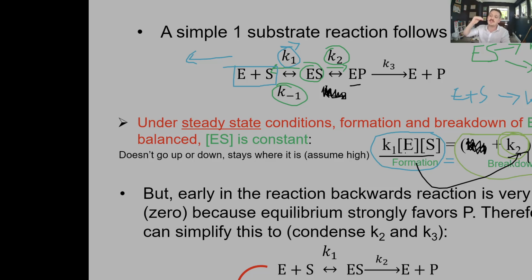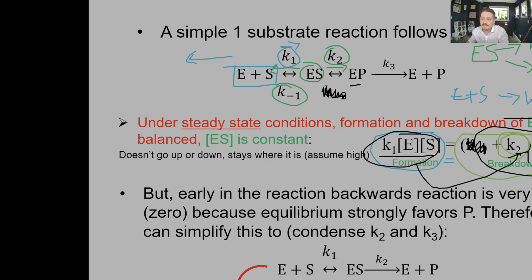It doesn't go up or down, because as soon as it goes down in either direction, probably towards product, it immediately goes back up again, because the formation is equal to how fast it breaks down. So that's a really important equation in biochemistry to understand.